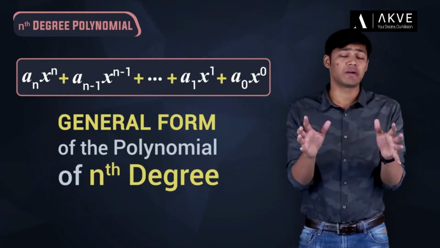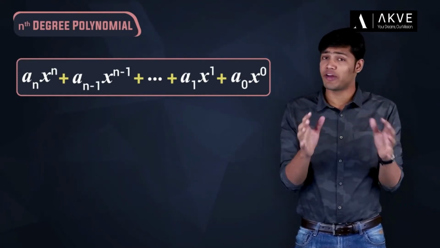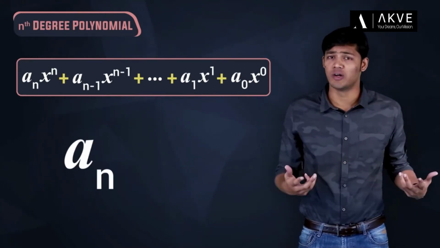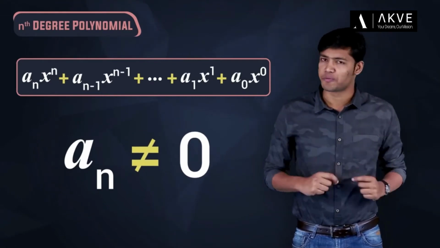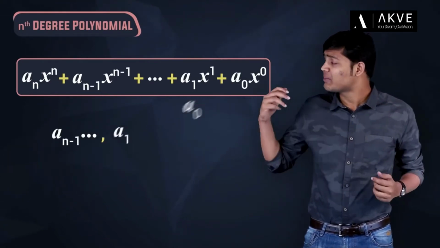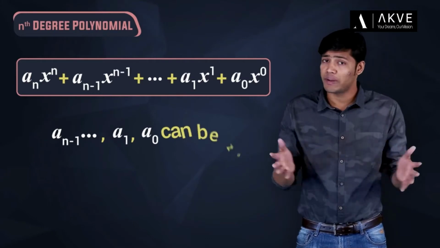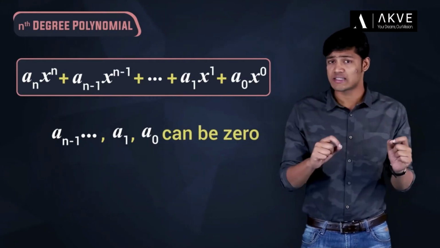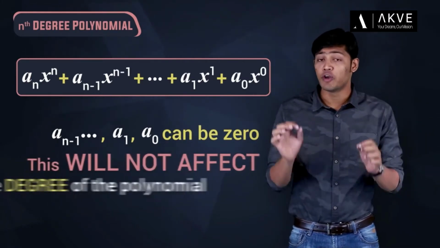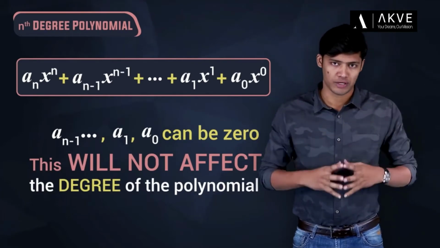Again, remember that the coefficient of the variable with the highest power can never be equal to 0. However, the remaining coefficients can all be equal to 0, since their being 0 will not affect the degree of the polynomial.